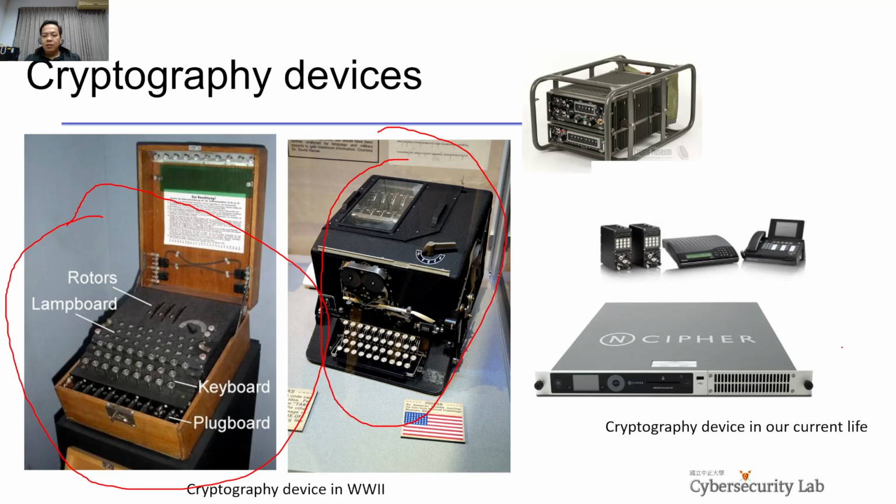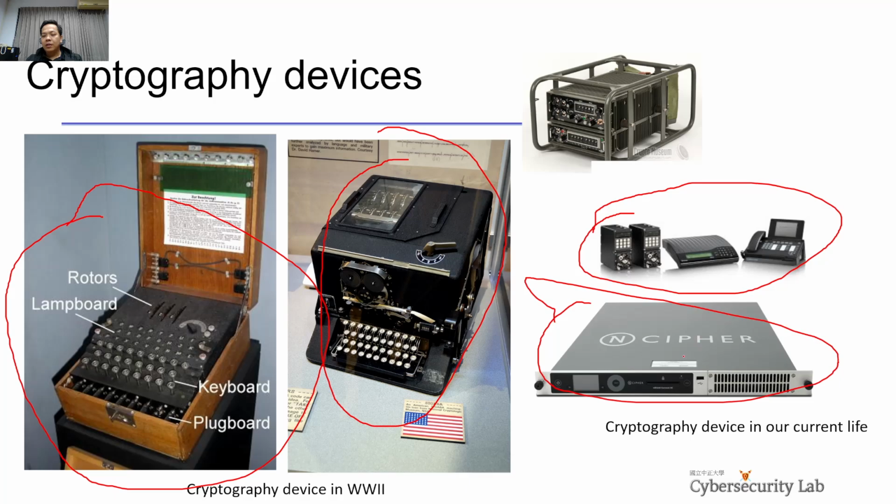Currently, in our current life, cryptography is on a kind of server or some special device, like a secure smartphone or secure phone. This kind of secure server is hardware. It can support the encryption mechanism in the physical layer and support the upper layer, supporting very accurate, highly secure cryptography algorithms.